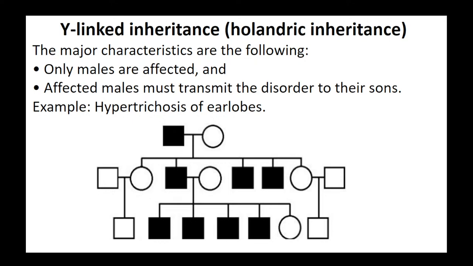The characteristic we can find in each generation. The affected males directly transfer this disorder to their sons, and sons transfer to their sons and to other sons. The example of Y-linked inheritance is hypertrichosis of auricles.